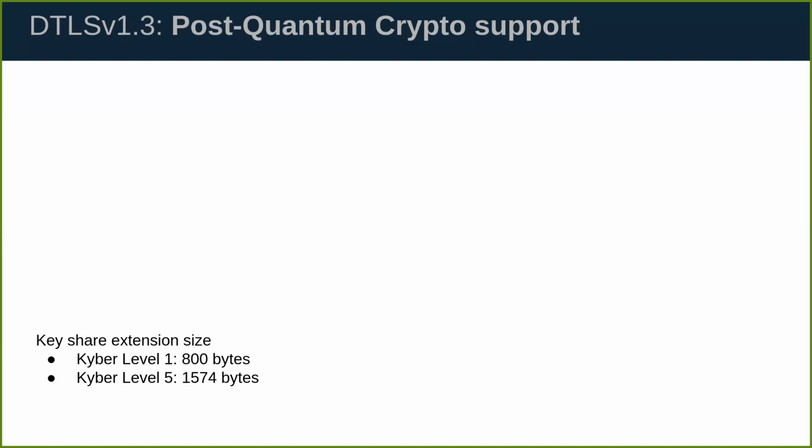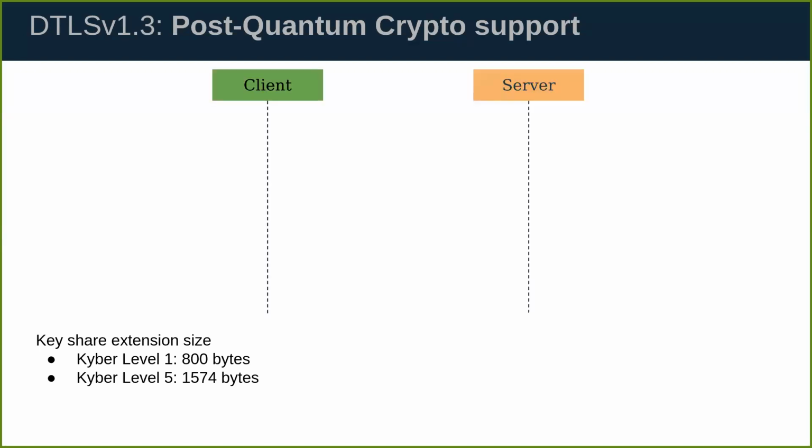The way that we've solved this is by allowing the client to first send the client hello, but with an empty key share. We send the empty key share so that we guarantee that the client hello is unfragmented, because since the server is operating statelessly, we don't want to allow random peers to perform resource exhaustion attacks or other DDoS attacks on DTLS servers.